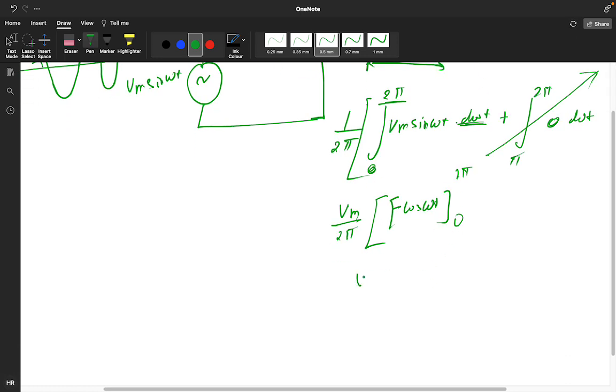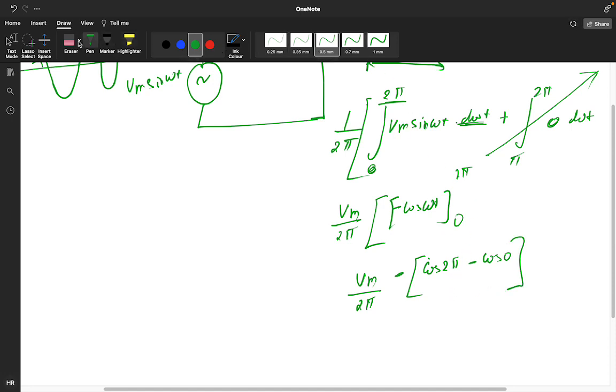Now what value do you get? Vm by 2 pi into minus cos 2 pi or cos 0; let me take the minus sign outside, cos 2 pi minus cos 0.